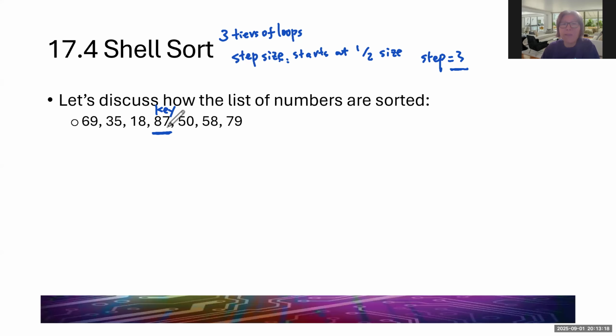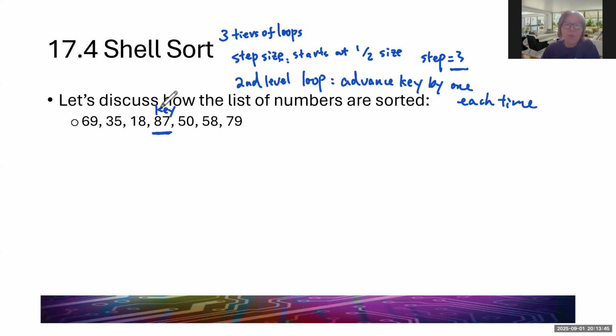Then it will start the second level loop. The second level loop advances the key each time by 1, each iteration.